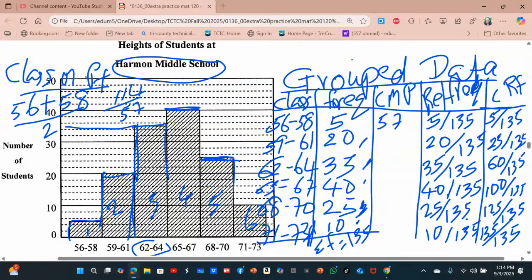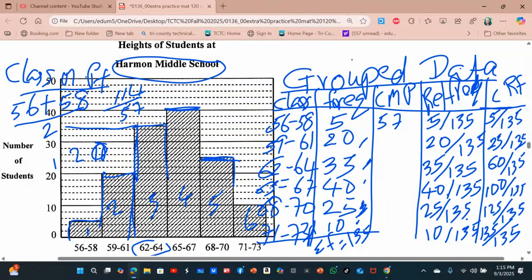So what is the class midpoint of the second class? The same thing, lower class limit 59 plus upper class limit divided by 2. If I add them up, 1 plus 9 is 10, so I have 120. 120 divided by 2.